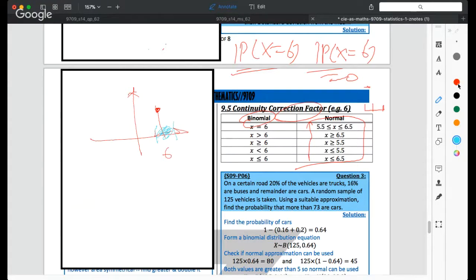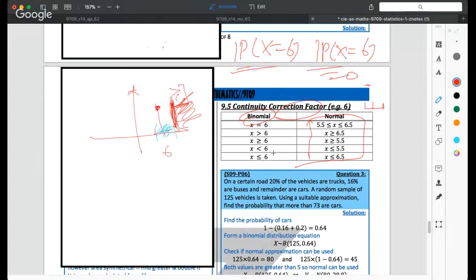And if it's greater than 6, because for the binomial distribution it must be at least 7, to take note of the range we use larger than or equal to 6.5. Similarly, if it's greater than or equal to 6, for the normal distribution it's greater than or equal to 5.5. So for each value, we just use the left half and right half of it. This is something we need to take note of.